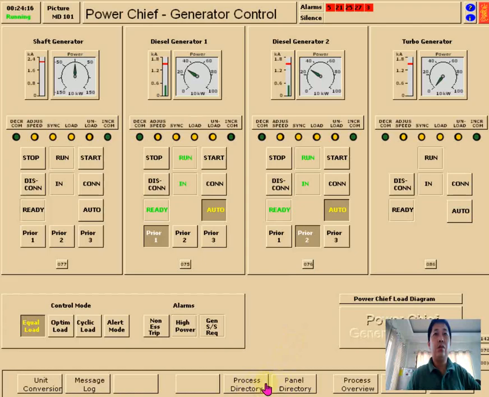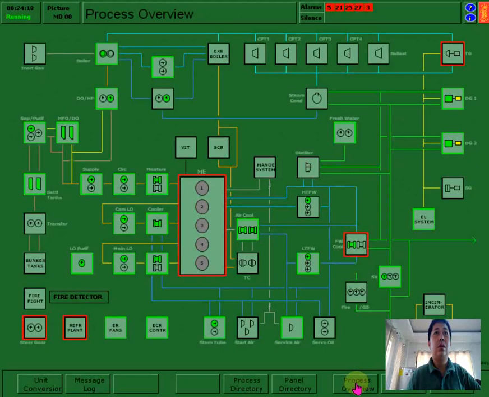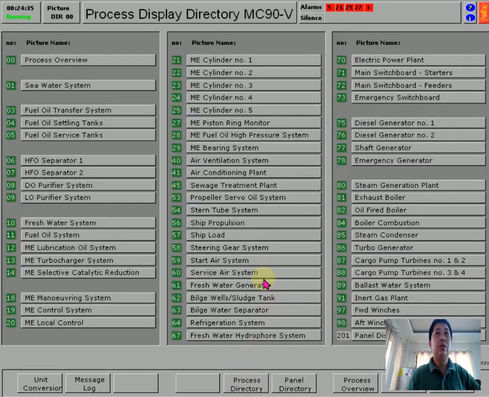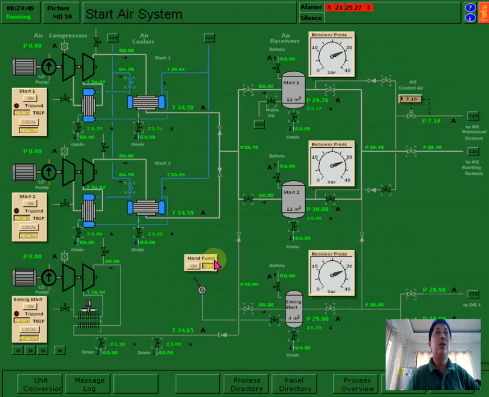What is running now? Let's say the air ventilation system, the compressor starting air system. Now it's not running.